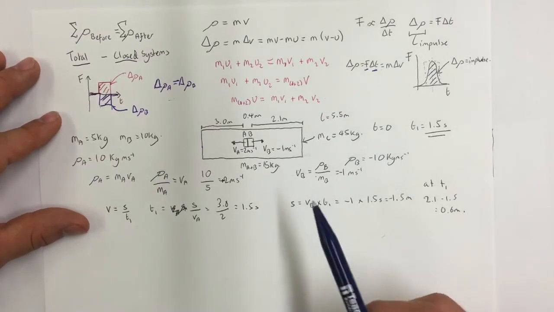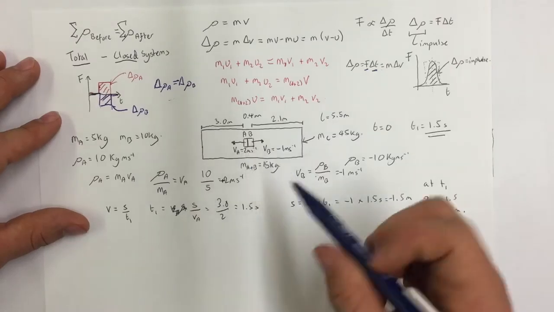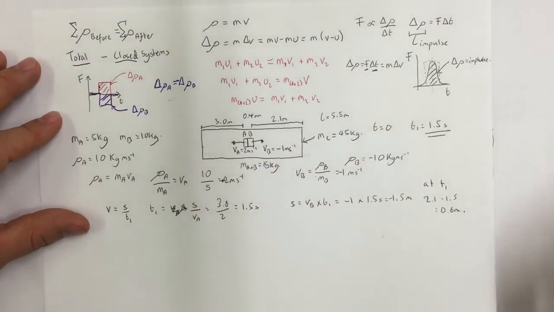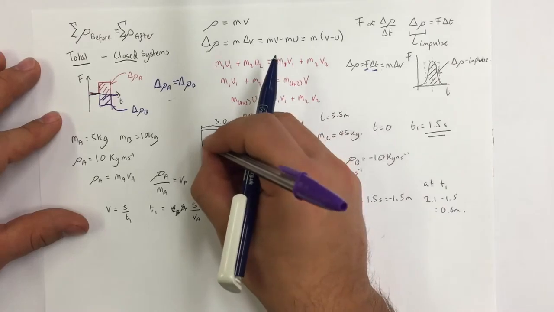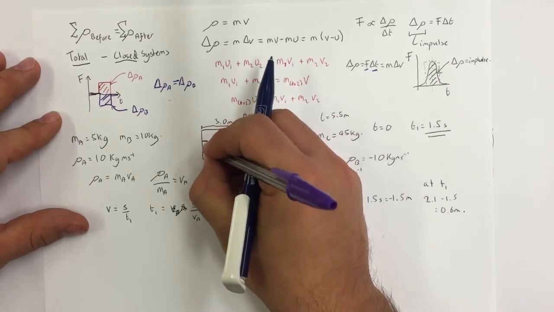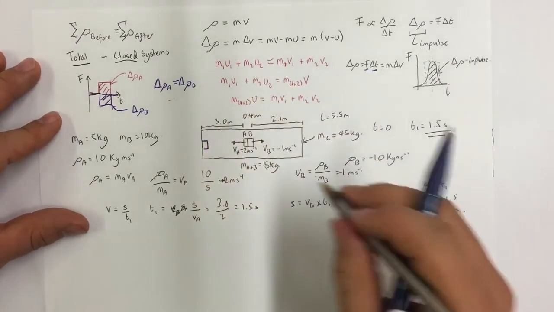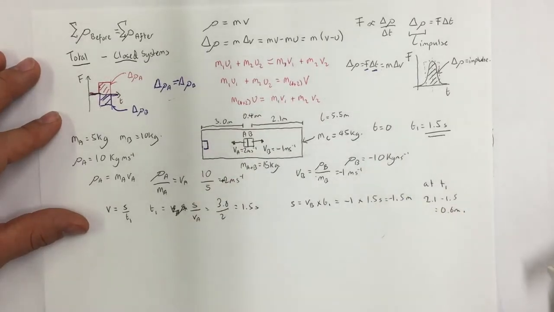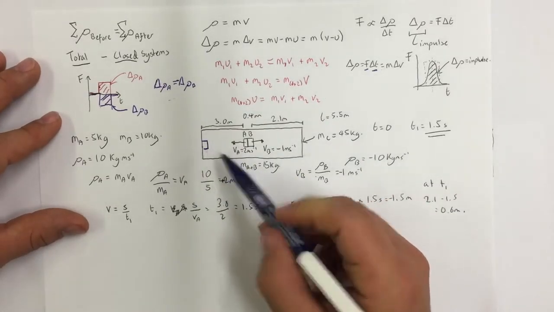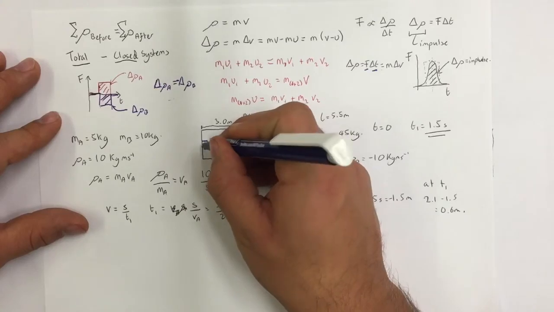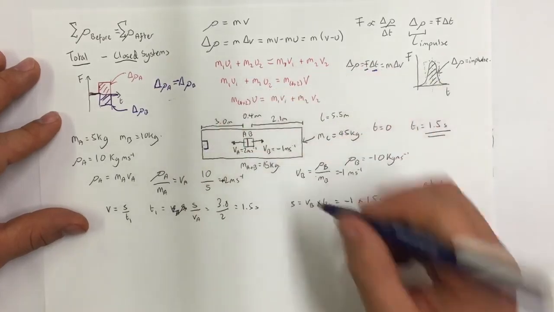Now what I want to know is when this happens. So imagine a couple of seconds later now, we have VA, it's collided with this container, and in the question it tells us that it sticks to it. Now what this means is there's going to be a change of momentum because VA will exert a force onto the whole container.